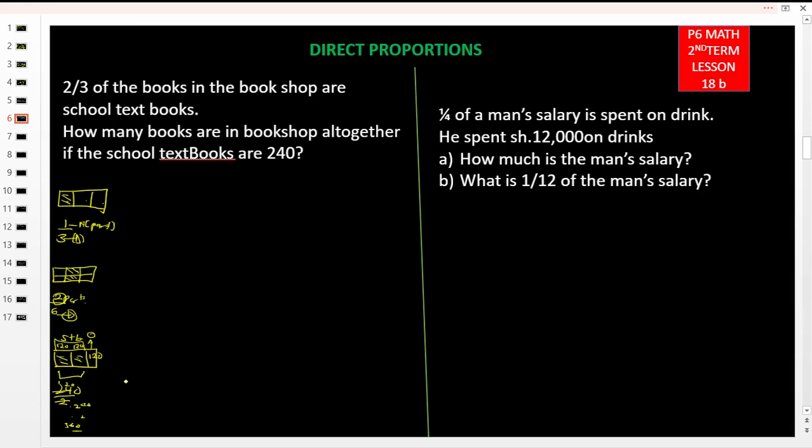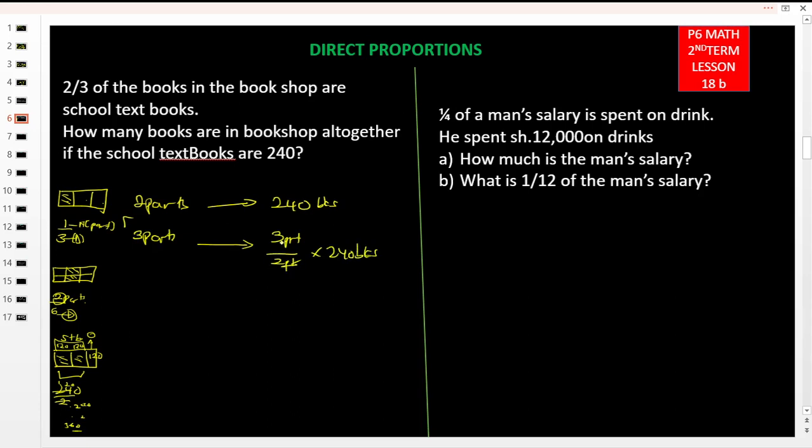But now we are going to put it in terms of mathematics. From the fraction here, these 2 parts represent 240 books. Then how about the total parts? They have to be 3 parts, which make up the whole. Then it is inverted L, which is going to be 3 parts over the 2 parts, times 240 books.